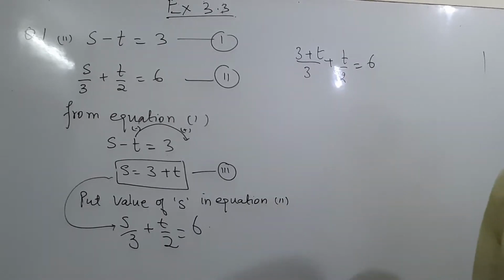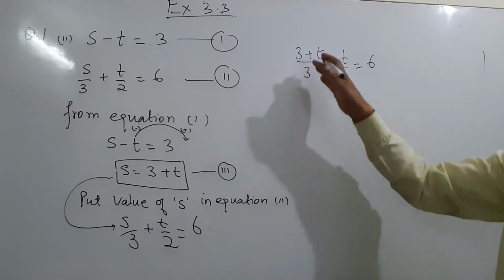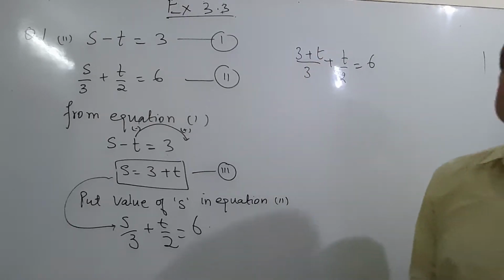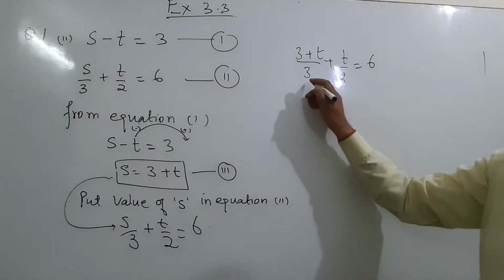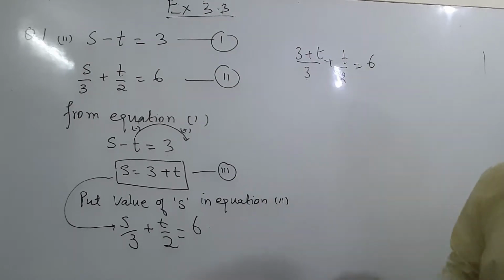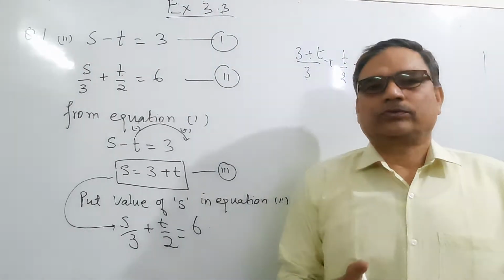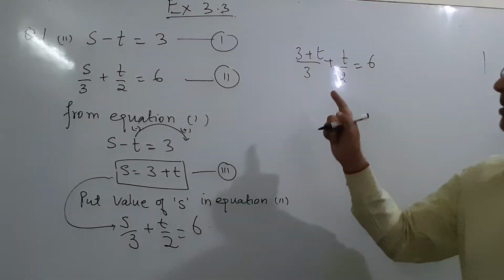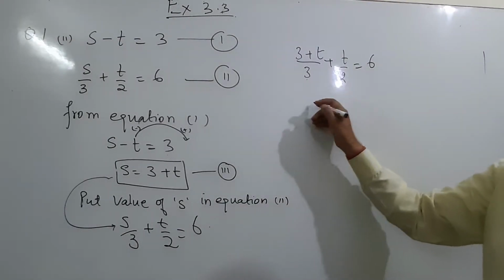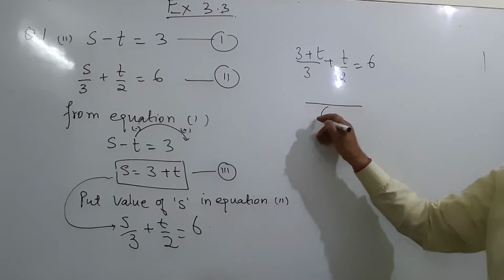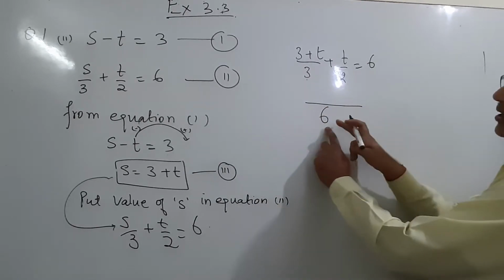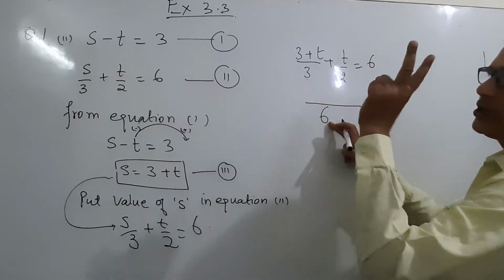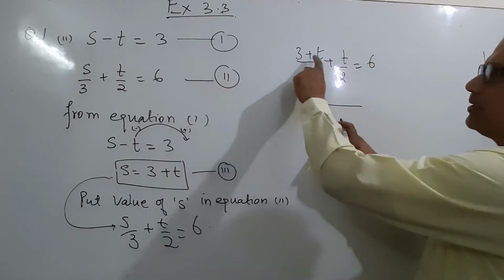Then I am taking LCM. You can do it separately, but it is better to solve by taking LCM. LCM of 3 and 2: the common factor is 1, so the LCM is 3 into 2, that is 6. Then 6 divided by 3, the quotient is 2, which multiplies this term.